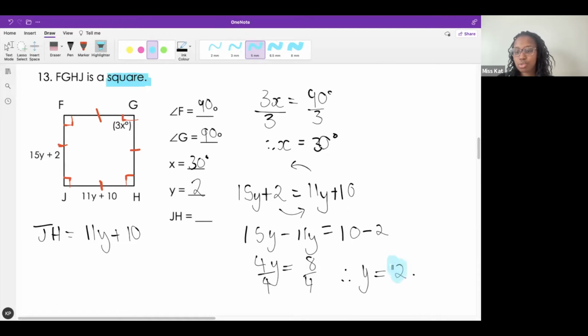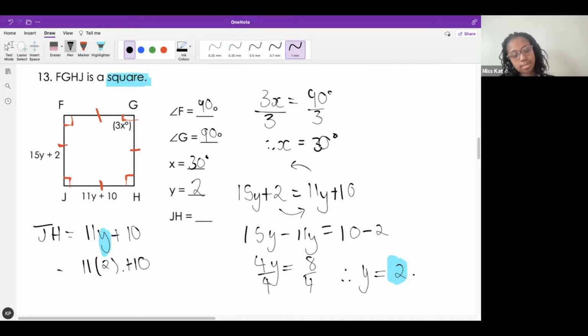We said y was 2. That means that wherever we see a y, we can substitute 2. So this will give us 22 plus 10. That means JH is 32.